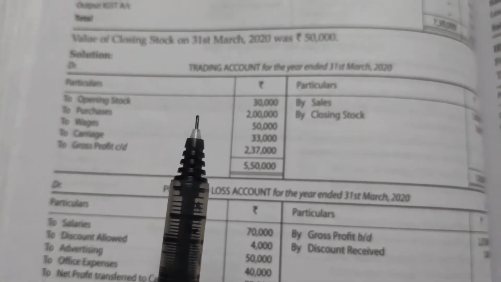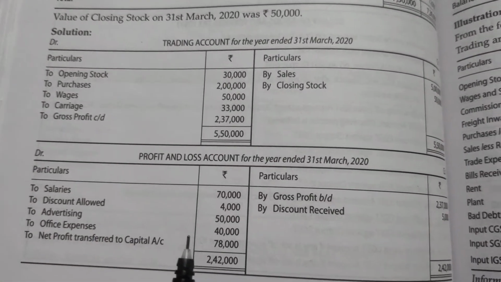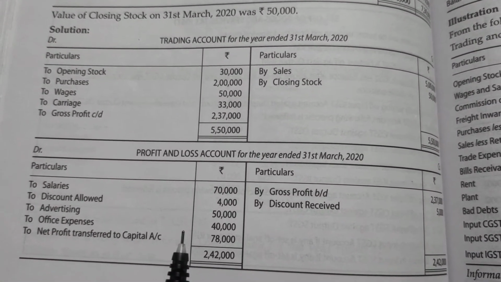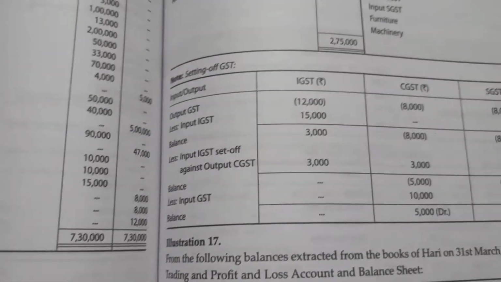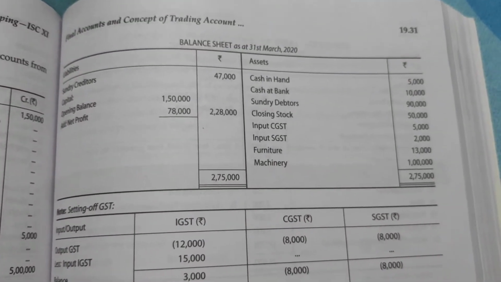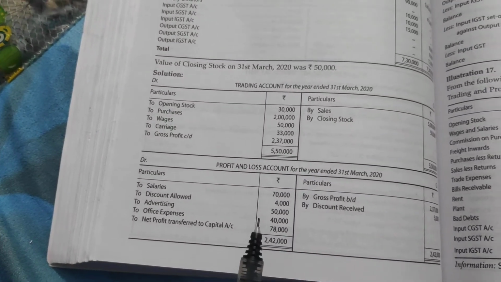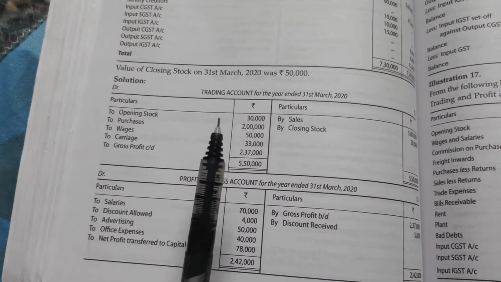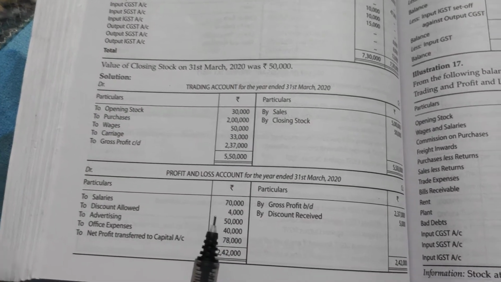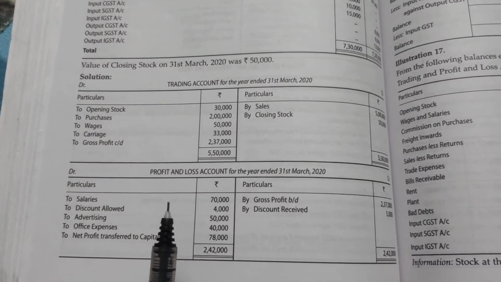Trial balance is given here. You have to make trading account in the first step, then we will make profit and loss account in the second step, and third step we make balance sheet, about which we will be studying in the next video. So let's understand trading and profit and loss account together, because trading account you read in the first video and in the second video you just got the explanation of profit and loss account.